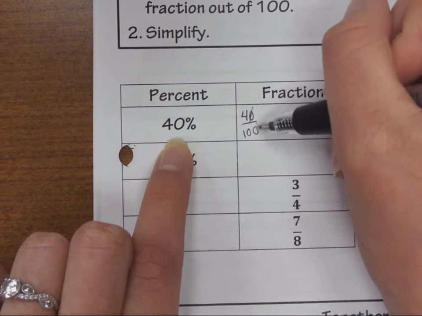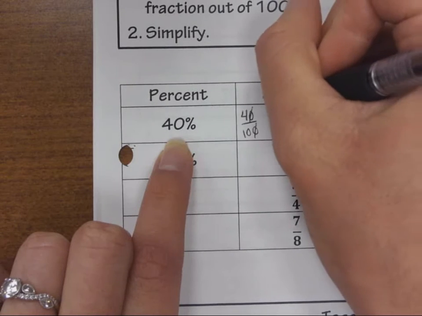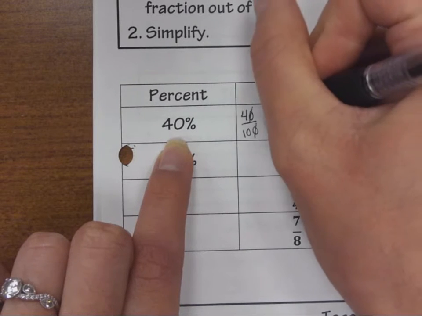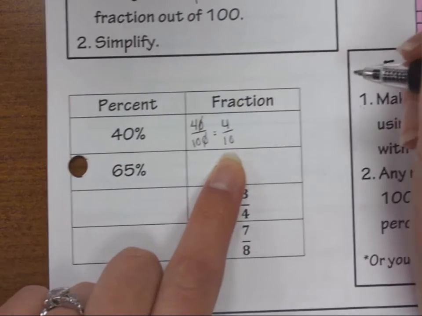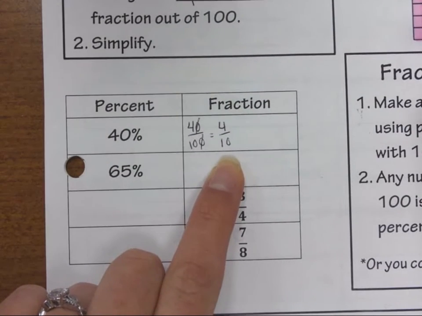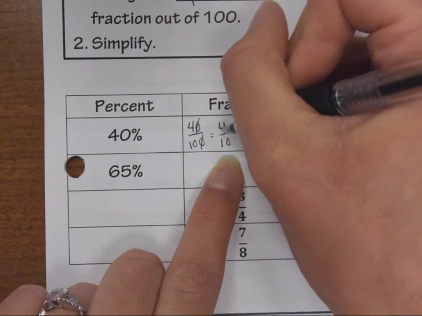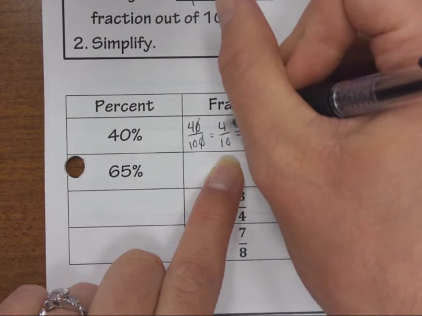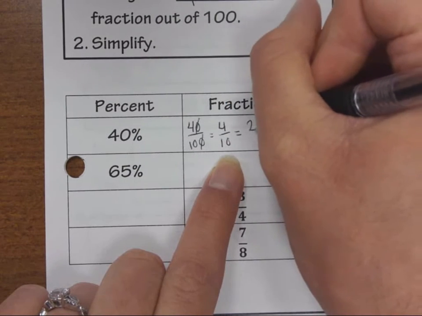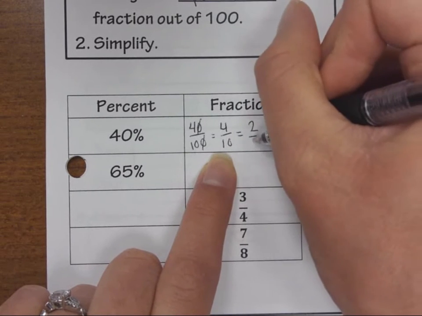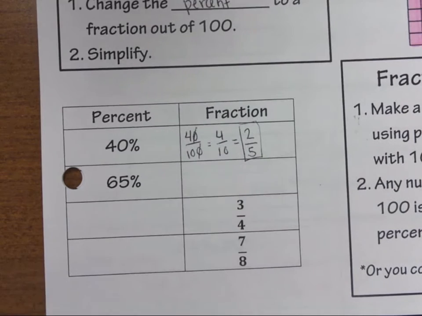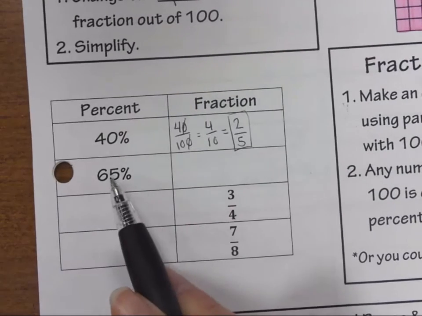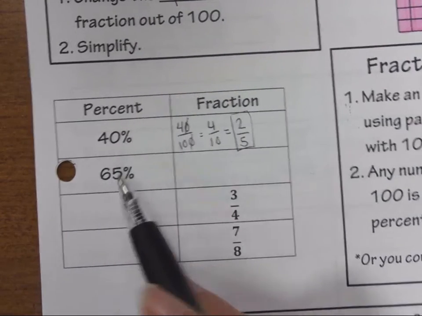I can see that both of these divide by 10 to give me 4 over 10. That's still an equivalent fraction, but I can see that these also simplify further. I know that 4 and 10 are both even, so they can both divide by 2. When I divide by 2, 4 divided by 2 is 2. 10 divided by 2 is 5, and I simplified my fraction all the way. That's all we're doing. Write this number over 100 and simplify.